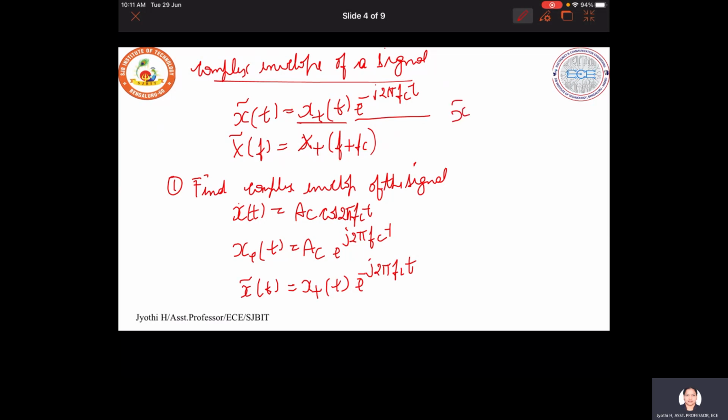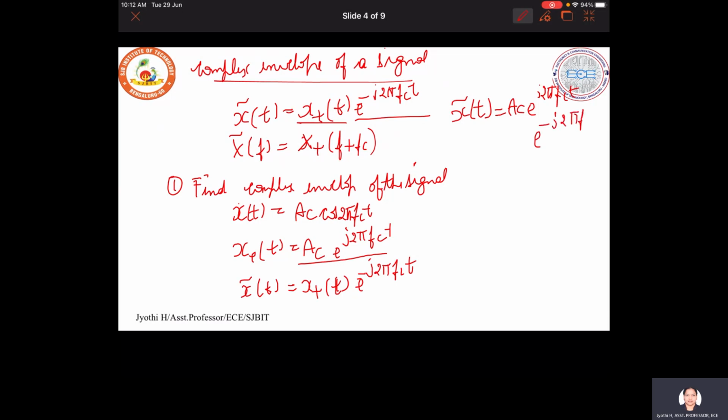After substituting the pre-envelope of the signal, we have the pre-envelope as Ac e to the power of j 2 pi fct. Considering that, we can write this as Ac times e to the power of plus j 2 pi fct multiplied with e to the power of minus j 2 pi fct.